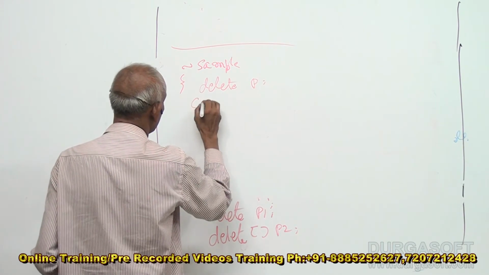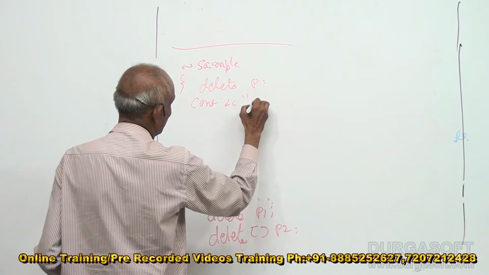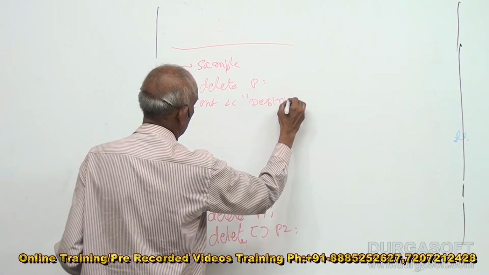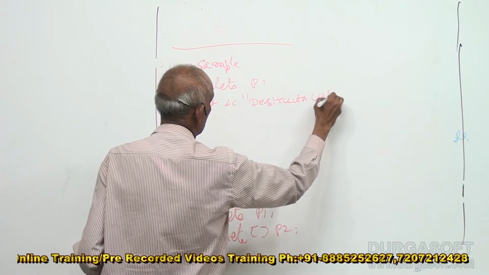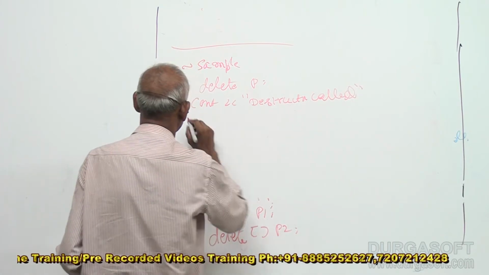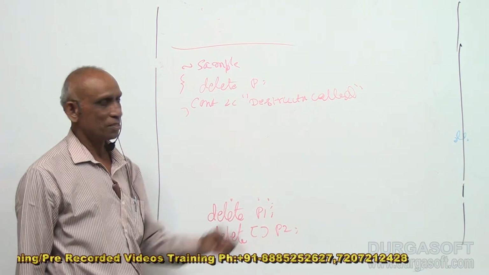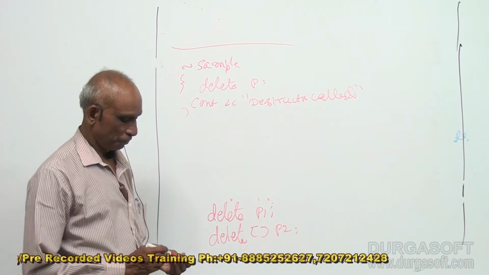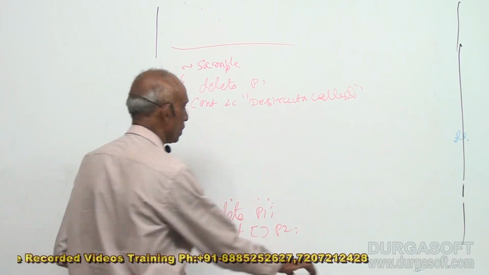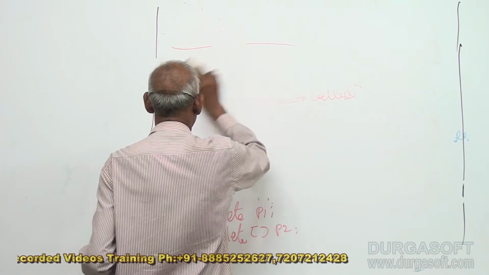After that, you display a message saying destructor call. So the destructor deletes the memory and also says destructor call. So what is the result of this?